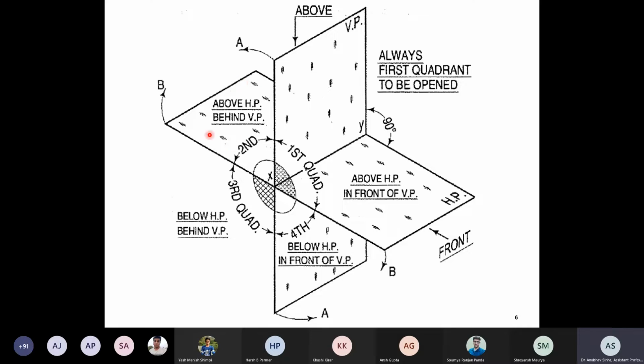Behind VP and still above HP is your second quadrant. Now if you go below the horizontal plane and behind VP, this refers to your third quadrant, and this is the fourth quadrant, below HP and in front of VP. Is this clear to everyone? This is very important for orthographic projections.